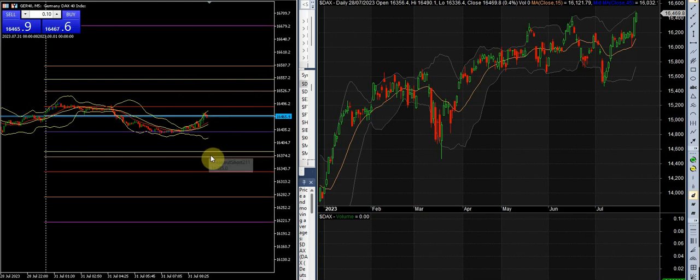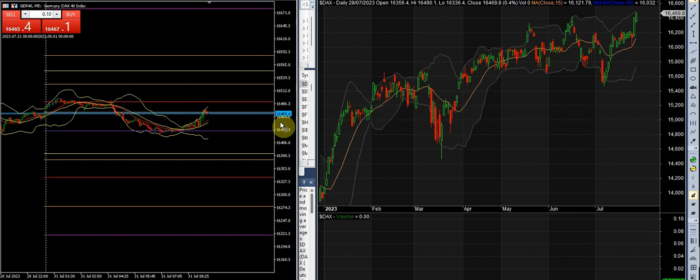So while it could touch here and here, it's more likely to turn around on these levels because they're a bit closer together. There's a bit more strength behind both of them compared to these ones which are spread out. So you don't know which one is actually going to help it turn around. Just like down here, but either one, and because they're close together, they might together turn the market back around.